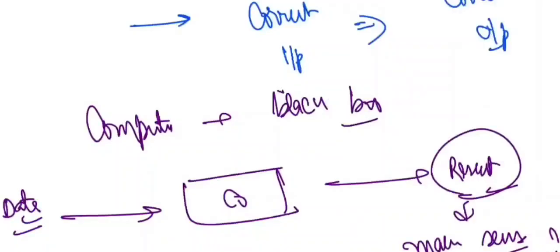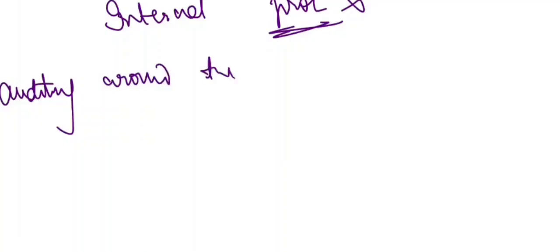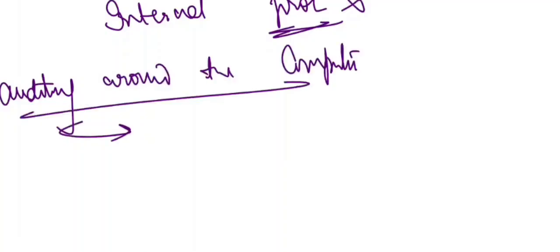The focus is only on two things: input and output. Please understand the meaning: we call it auditing around the computer, so the focus is only on input and only on output.